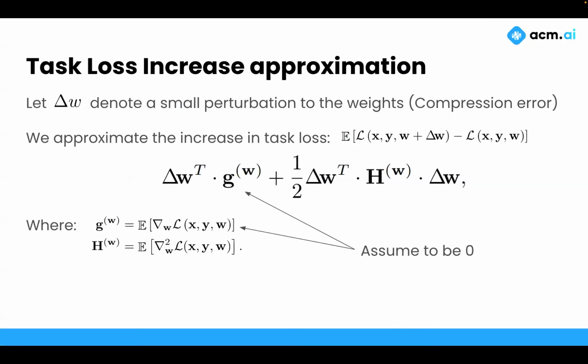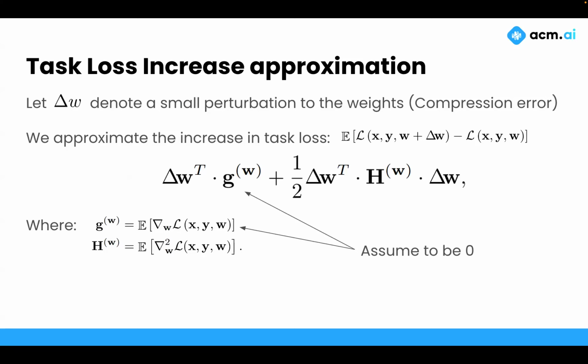Okay, so let's start out with a simple approximation. Let delta W denote a small perturbation in the weights. We can approximate this as basically compression here. So then we can take the Taylor series expansion of the loss.